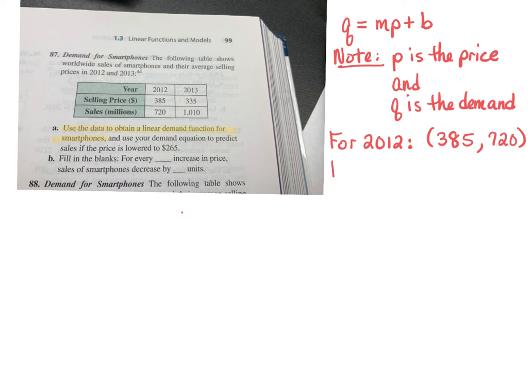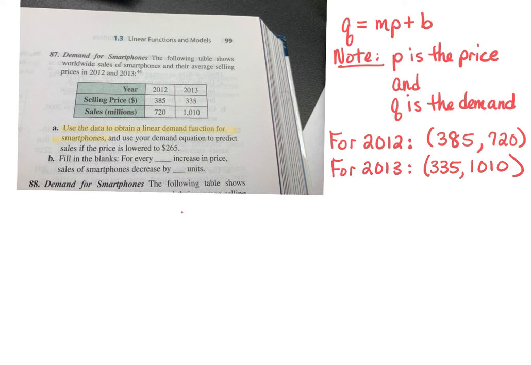So now, Joey, tell me what it is for 2013. Good. And 1010. Good. So that's our point there. So now it's set up in terms of 2 points.